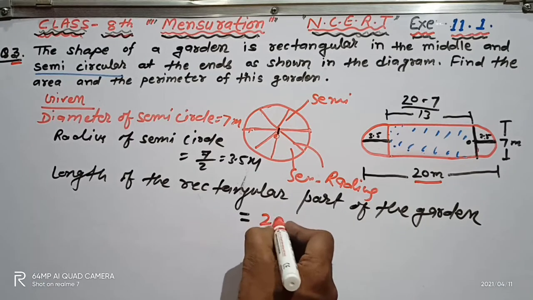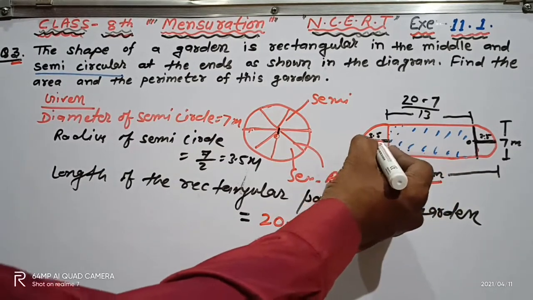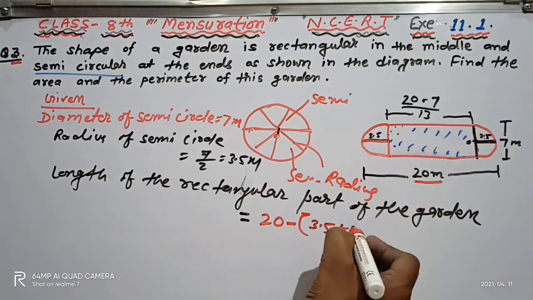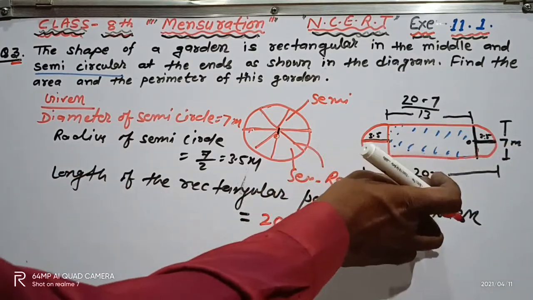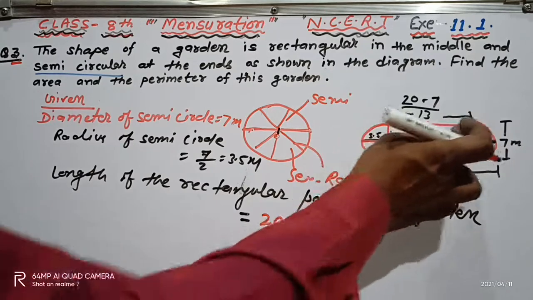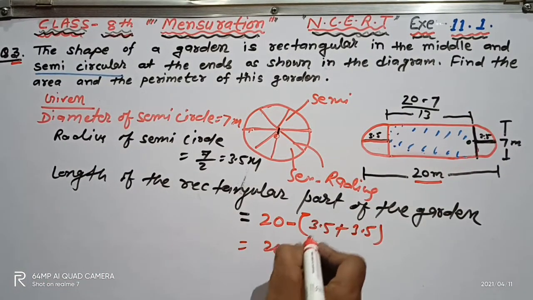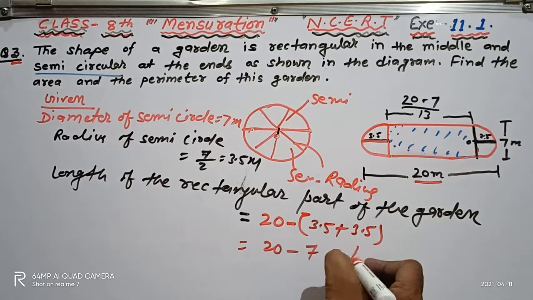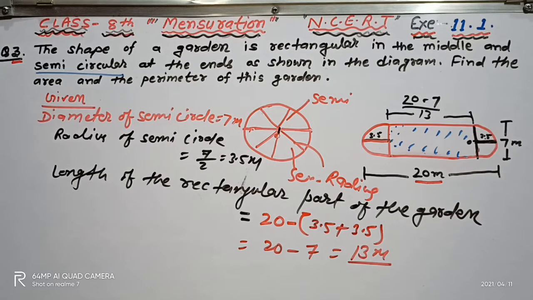So you will write 20 meter minus the distance on both sides, 3.5 plus 3.5. If I add these two and subtract from 20 meter, then definitely we can find the length of this rectangular part. 20 minus 3.5 and 3.5, that is 7, so it will be 13 meter. So 13 meter is the length of the rectangular part of the garden.